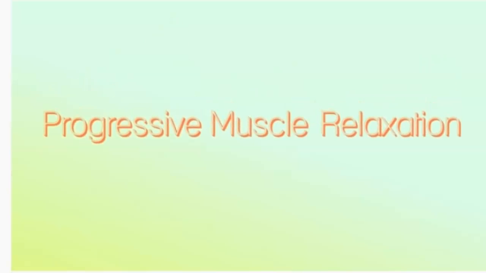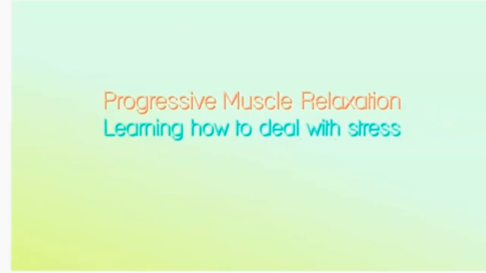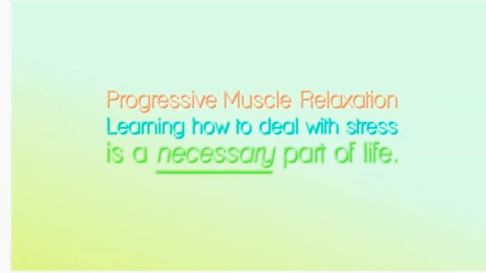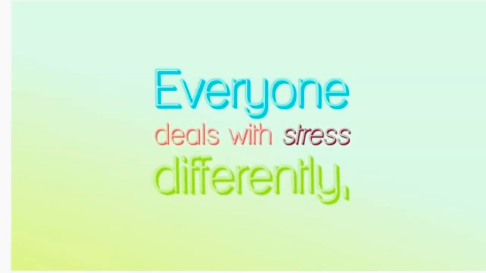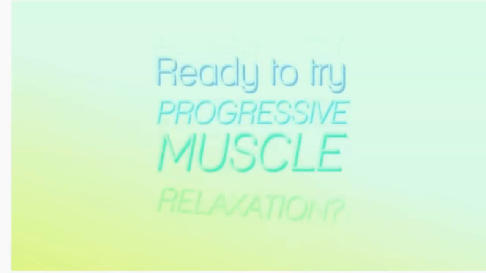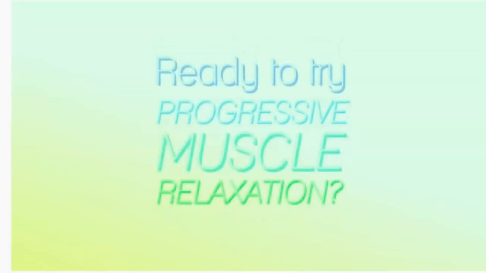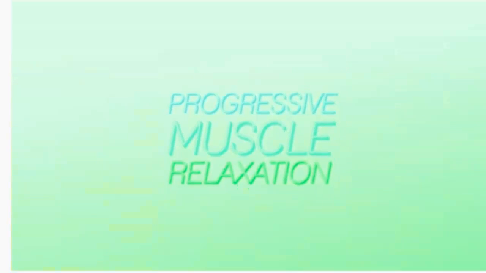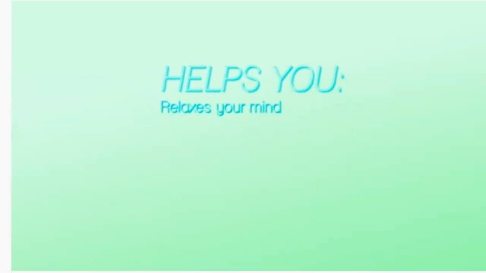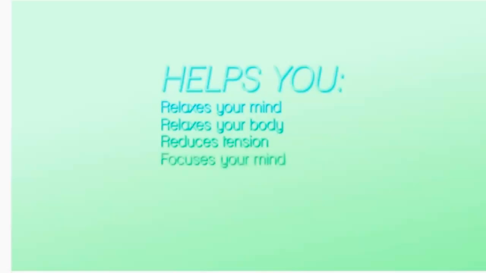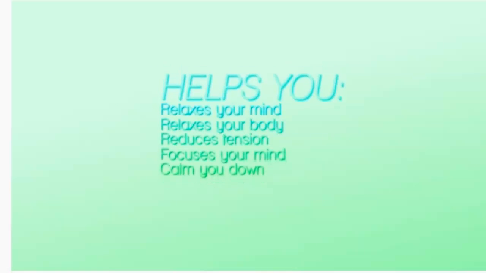Progressive muscle relaxation. Learning how to deal with stress is a necessary part of life. Everyone deals with stress differently, so finding what works for you is important. Ready to try progressive muscle relaxation? We'll walk you through this easy, stress-relieving activity. Progressive muscle relaxation helps you relax your mind, relax your body, reduce tension, focus your mind, and calm you down.